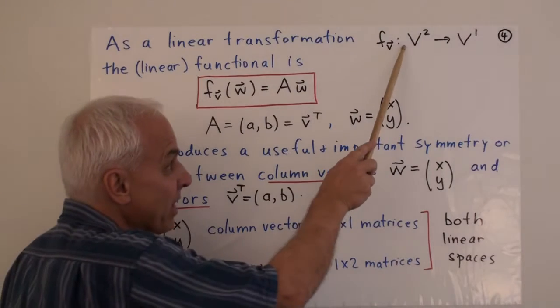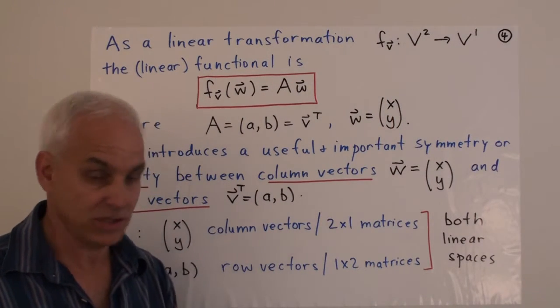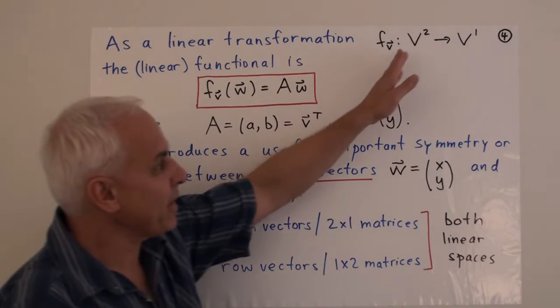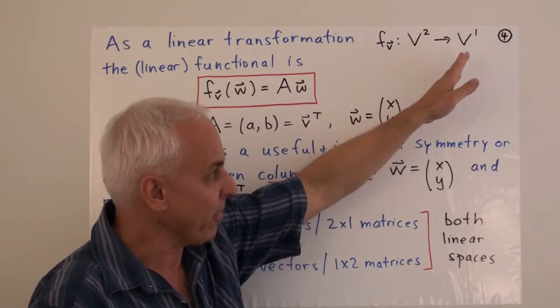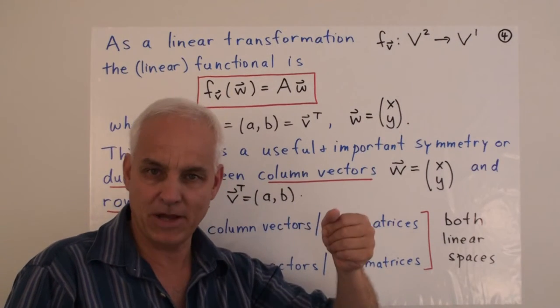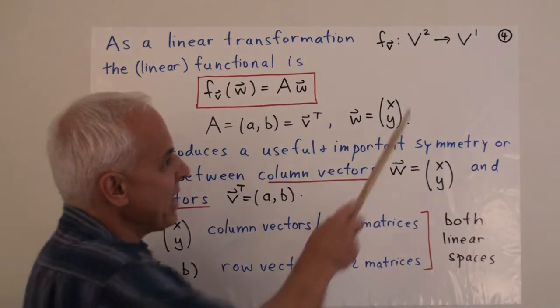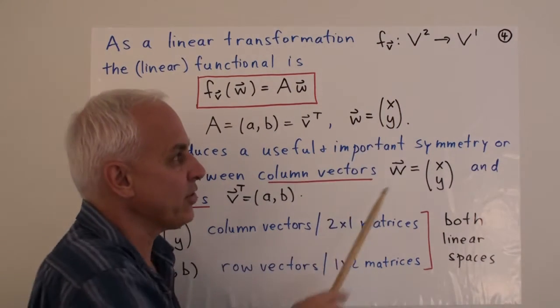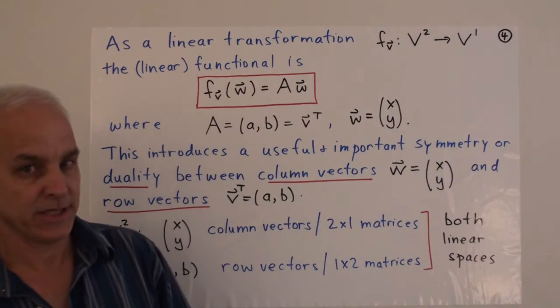It takes the vector space we're dealing with, two-dimensional space, to basically the field itself, a number, which we can also think of as pretty close to a one-dimensional vector space. So it's taking a column vector and outputting a one-by-one matrix, if you like.